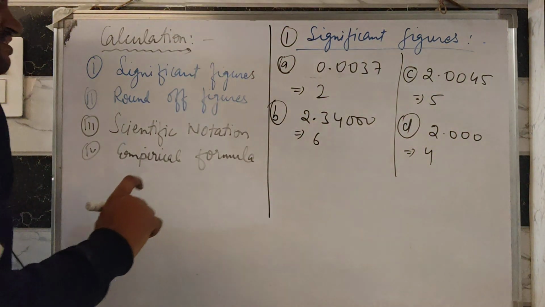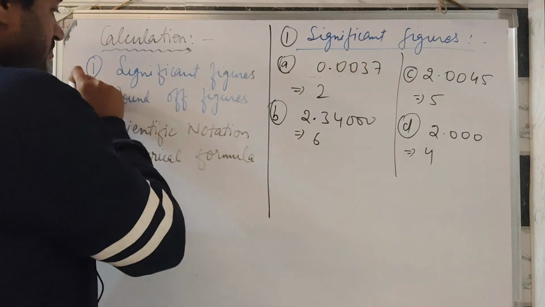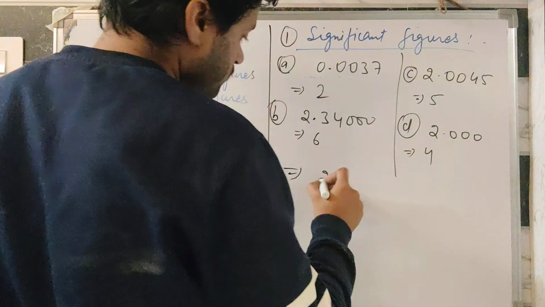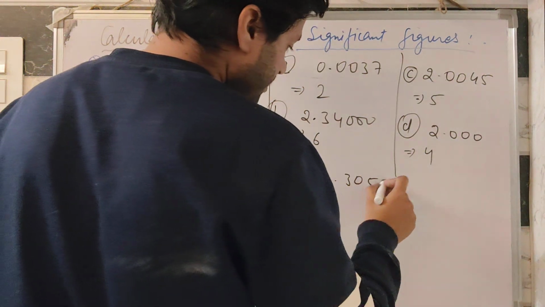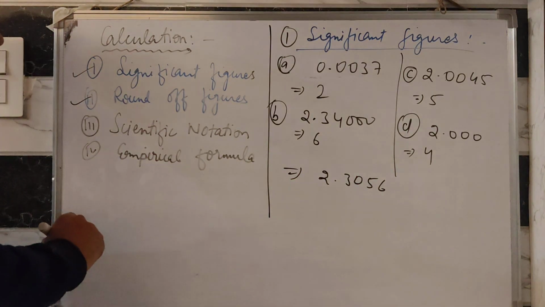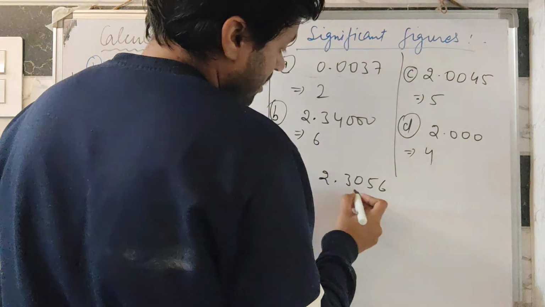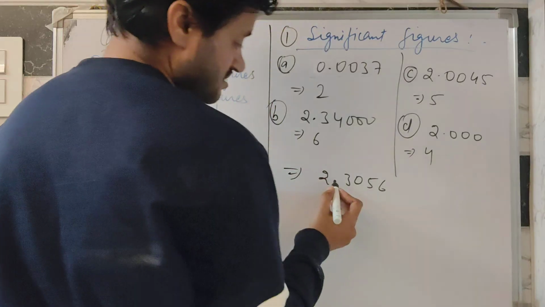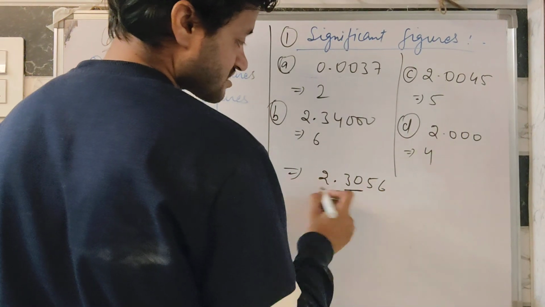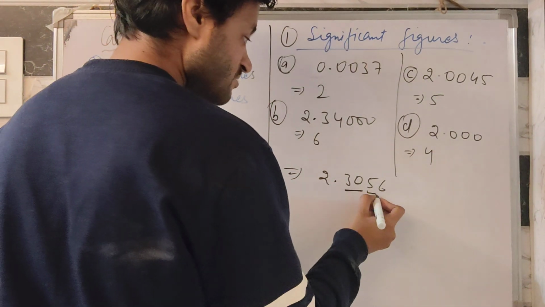So round of figures, we'll talk about as the second point. Round of figures: for 2.3056, if I say round off this number up to 2 decimal places, then we look at the number after it.